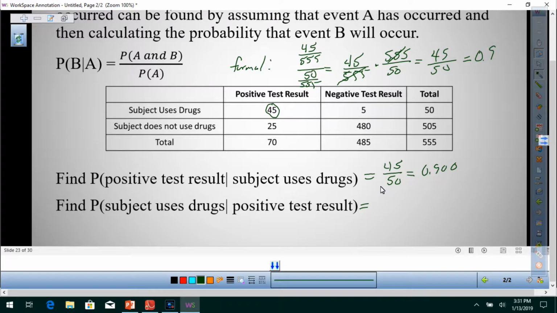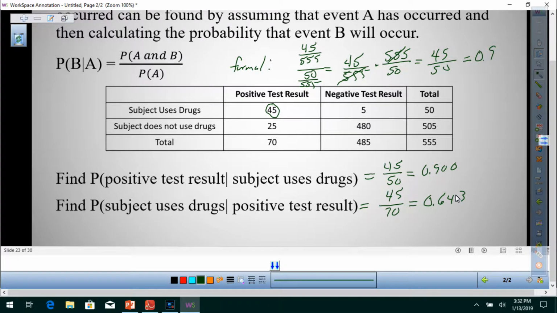So the subject uses drugs, 45 again. Now, positive test results. How many positive? 70. Okay, so that's slightly different. And that turns out to be 0.643.